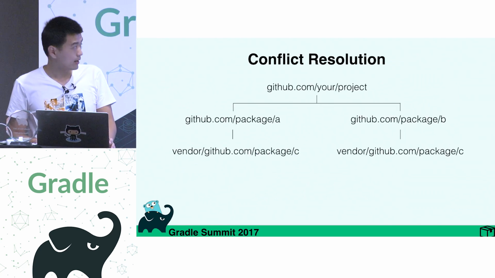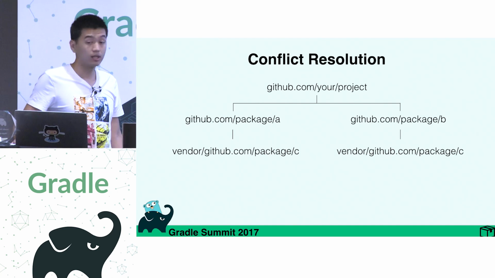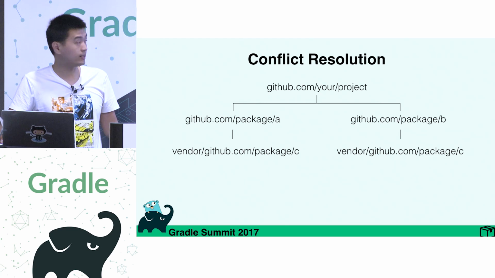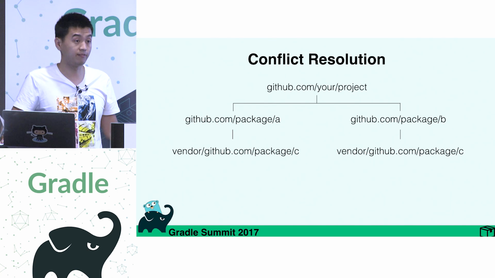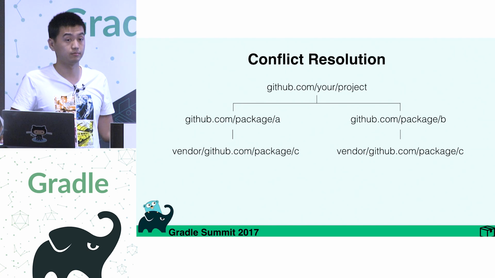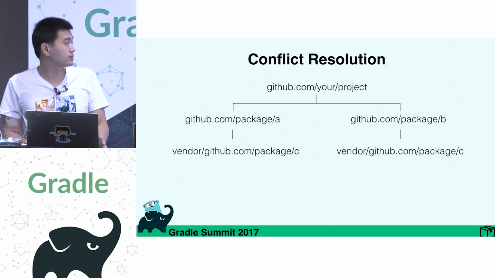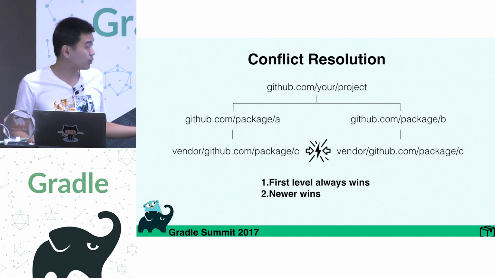And where there is package management, there is a conflict. Suppose our project depends on package A and package B, and they both depend on package C in their vendor directory. How can we determine which package C should be finally used? Gogradle's solution is: first level always wins.